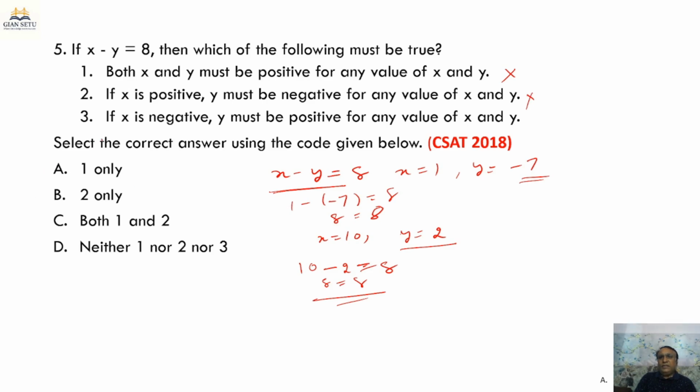Now let's see the third statement. If x is negative, y must be positive for any value of x and y. Here we can take the value x is equal to minus 1 and y is equal to minus 9. In the statement, x is negative and y must be positive, but we are having y as negative.